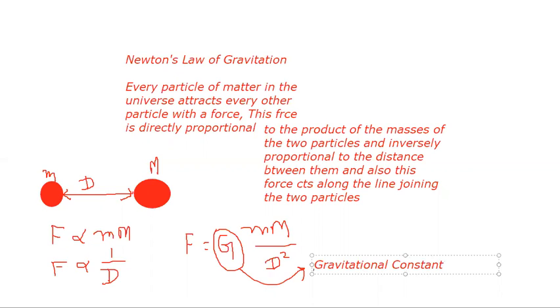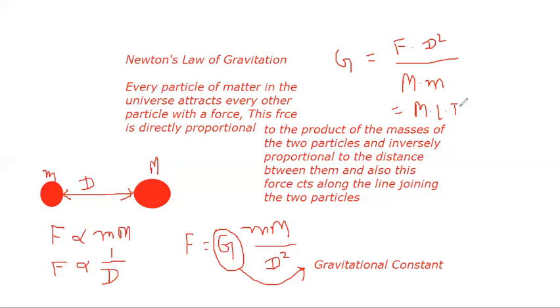Now, many times you may be asked to find out the unit and dimension of this gravitational constant. So, how can you find out the unit and dimension of this gravitational constant? From here you can write G is equal to F into D square by m into M. Now, the dimension of force is mass into acceleration, mass into length into t to the power minus 2.